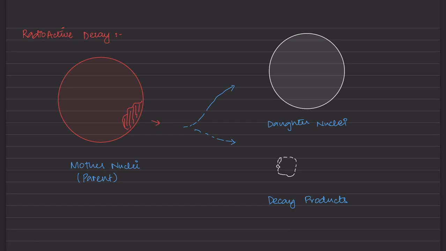So this is what we mean by radioactive decay. The mother or parent nucleus turns into a daughter nucleus and emits some of its particles, which we call decay products. These decay products can be alpha, beta, or gamma emission.